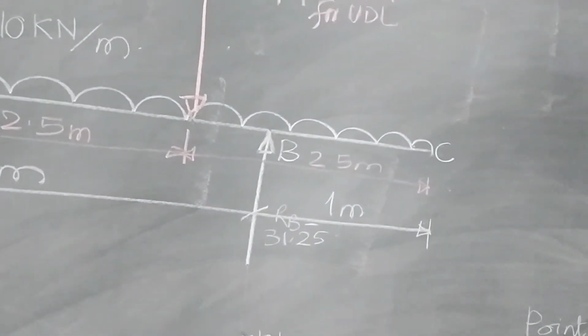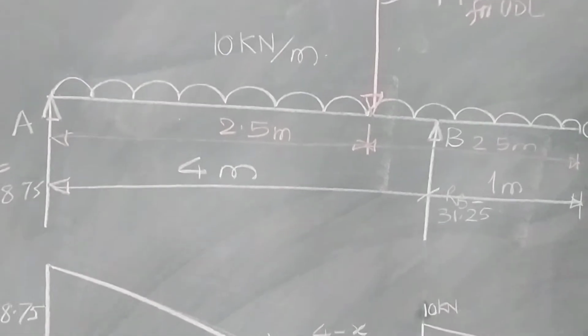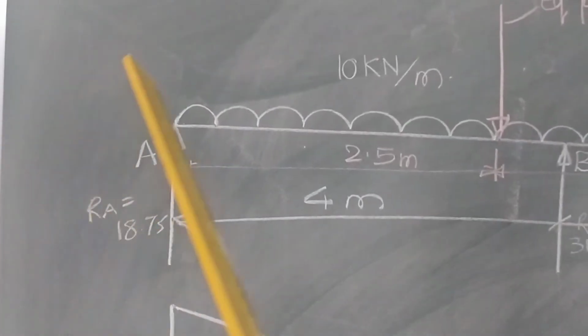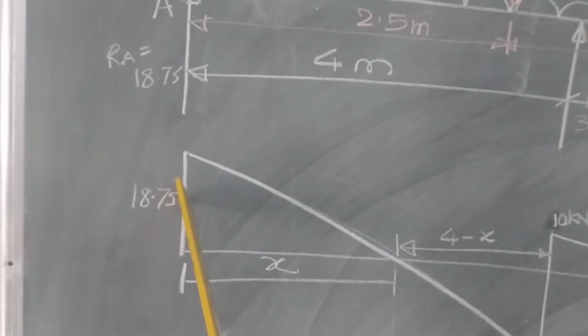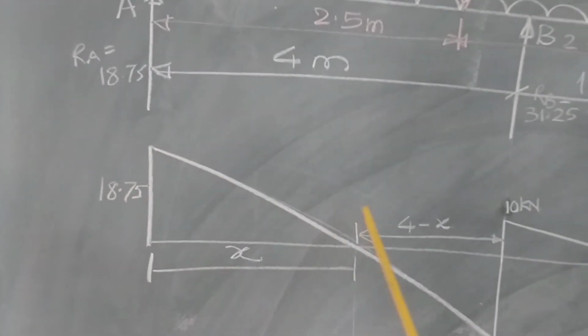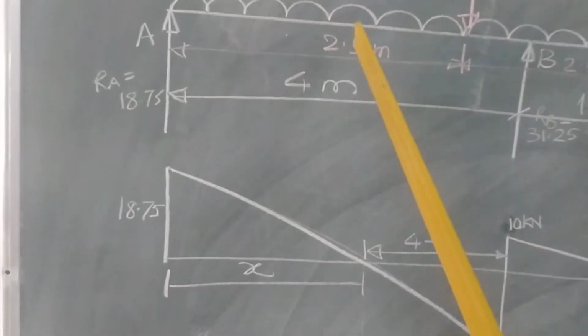Okay, fine. Then we will start with the shear force calculation. This is 18.75. So this is 18.75 minus 40, because 10 into 4.